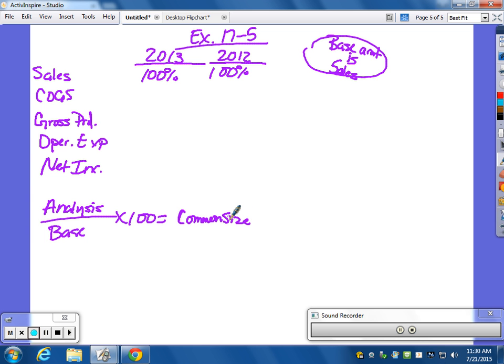Let's just do cost of goods sold first, and the rest of them you do the same. What was the cost of goods sold amount for 2012? 290,000. And divided by what sales amount for 2012? 625,000.